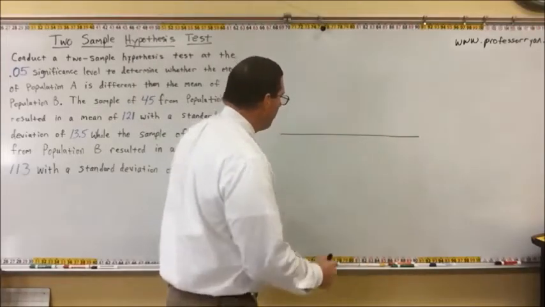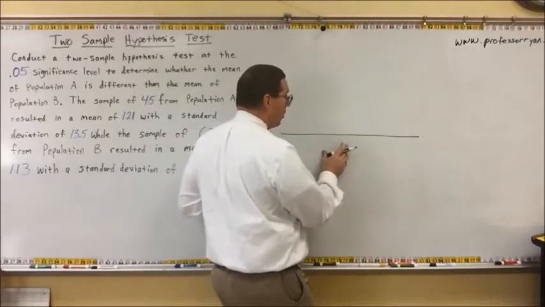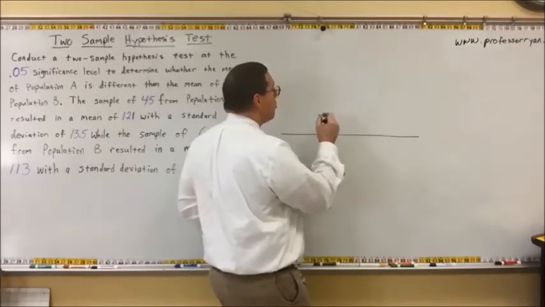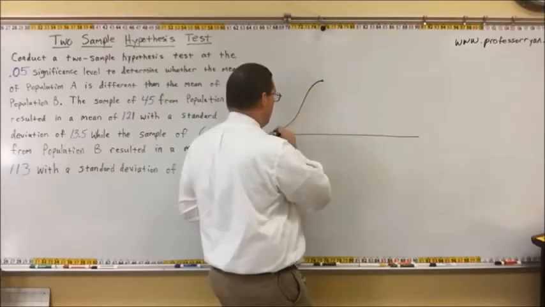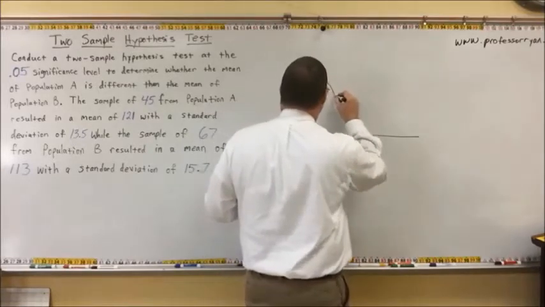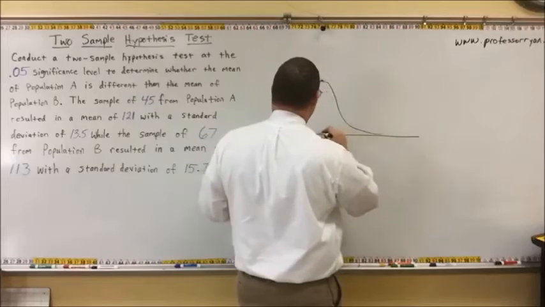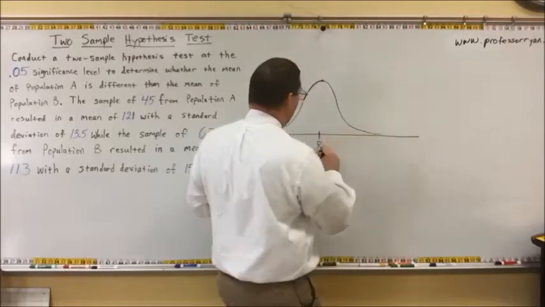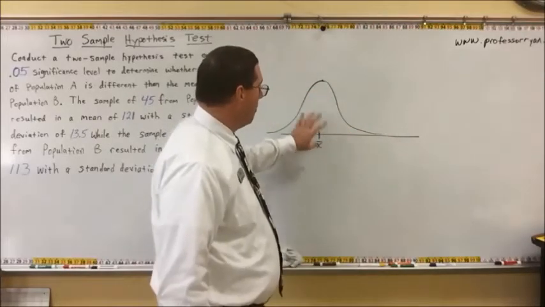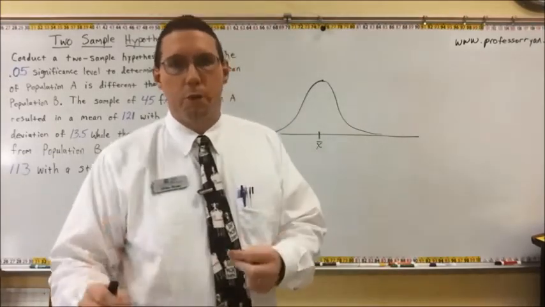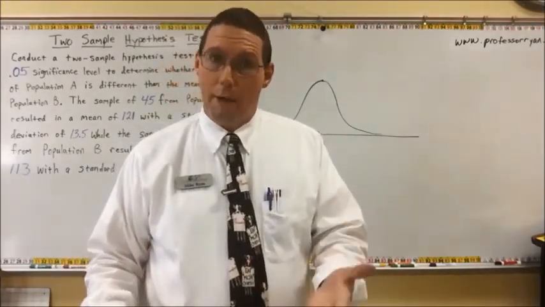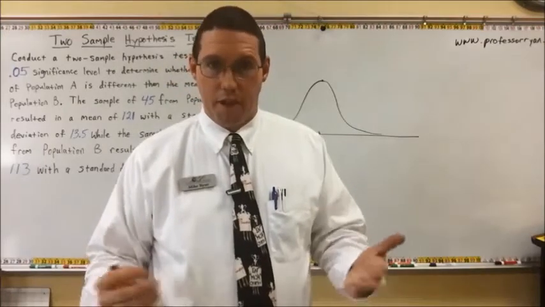Instead, we are going to compare two samples, and each sample has its own distribution curve. Say you have a sample with a sample mean and a standard deviation. It has its own distribution curve.